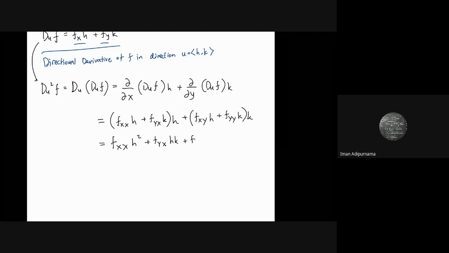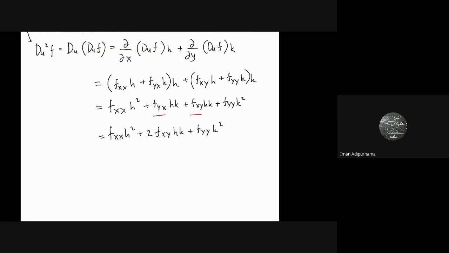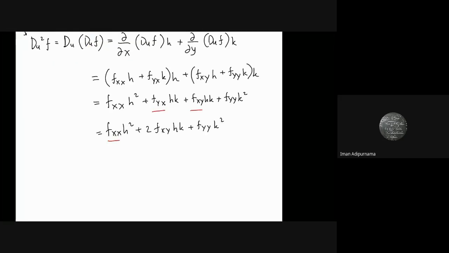plus, because this yx and xy is the same, we can plus this 2, and let's say this becomes xy, this is hk, plus f yy k squared. Okay, now imagine this is a constant.